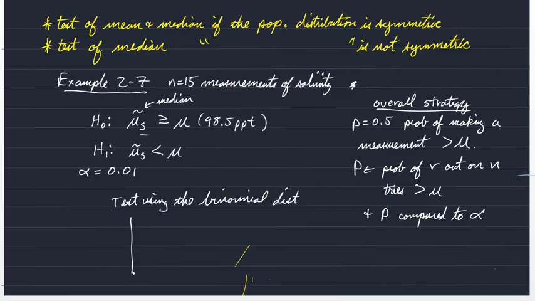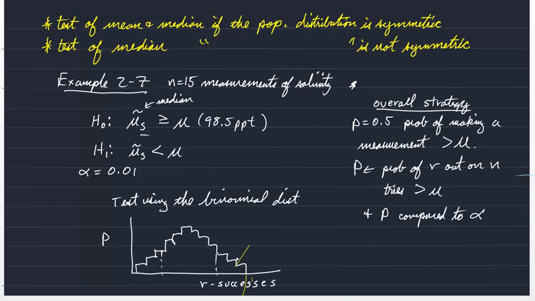Right? So if we sketch the binomial distribution, the horizontal axis is successes, the number of measurements exceeding mu, and the vertical axis is p. It's a discrete distribution, so I have to draw these steps. And it's going to turn out to be a left-tailed test.